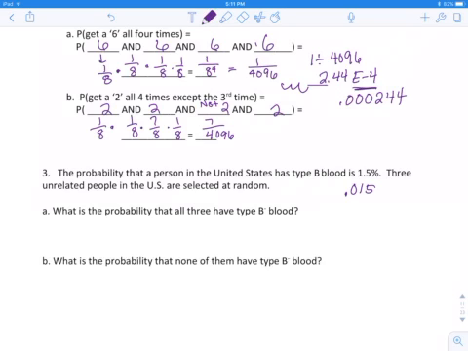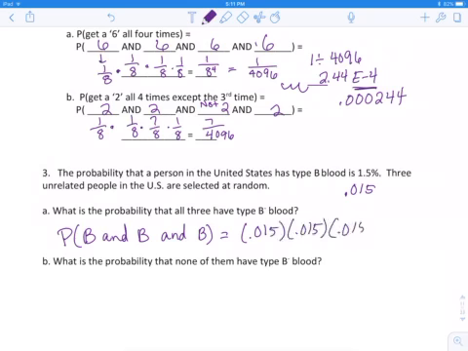So this would be the first person has B, and the second person, and the third. So this would be P of B, and B, and B. We would take 0.015 times 0.015 times 0.015, which would be the same as 0.015 to the third power.